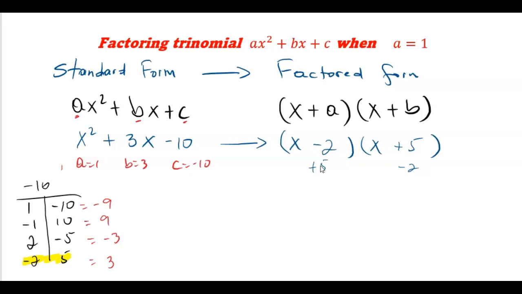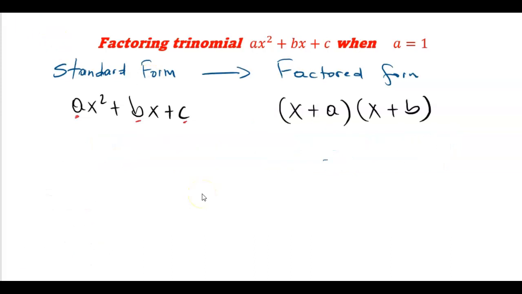So the answer here is x minus 2 and x plus 5. That is the factored form. So the idea is to find two numbers: when you multiply them together, you get the value of c, and when you add the same two numbers, you get the value of b. Okay, so let's do another example.